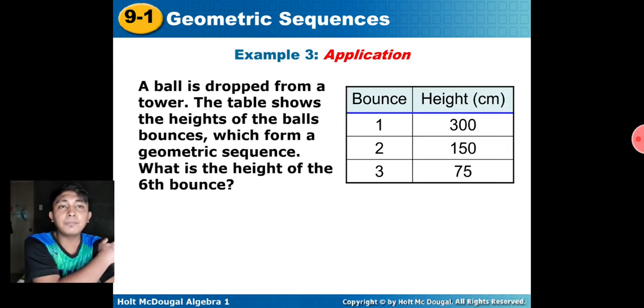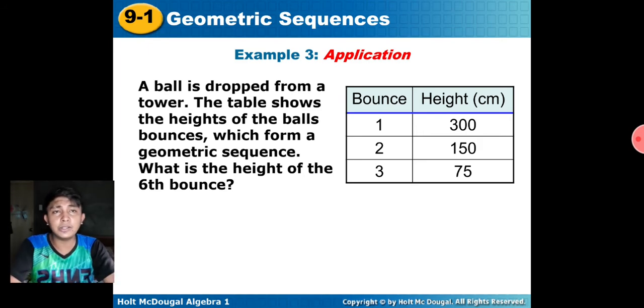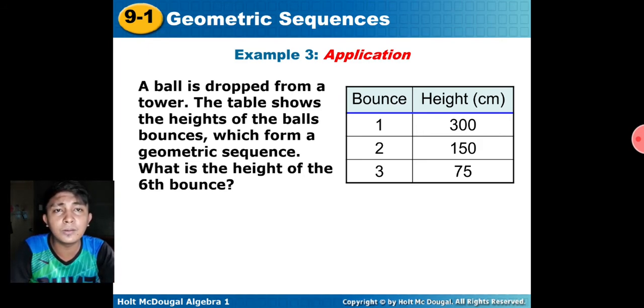Okay? So a ball is the application for geometric sequence. Ito yung parang problem kanina. A ball is dropped from a tower. The table shows the heights of the ball's bounces which form a geometric sequence. What is the height of the 6th bounce?